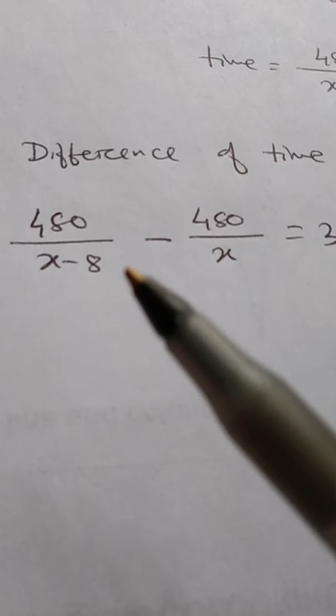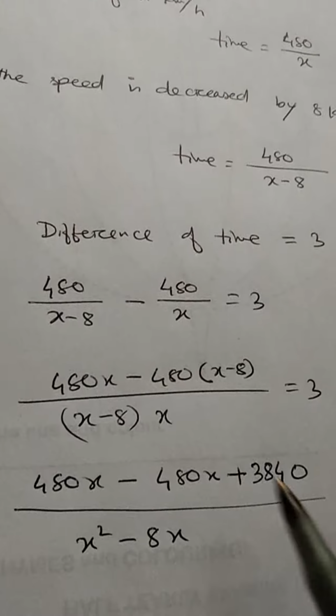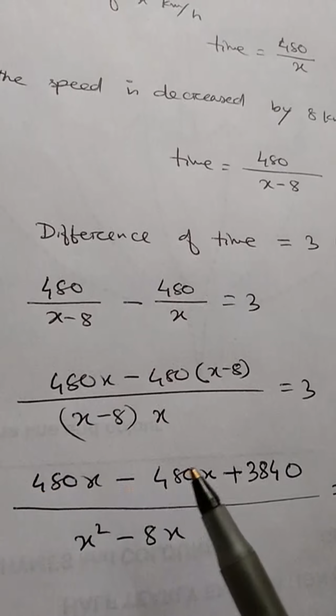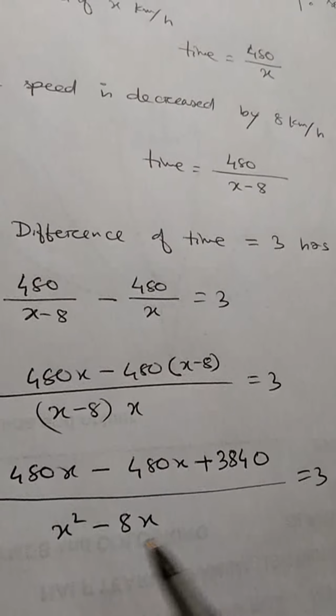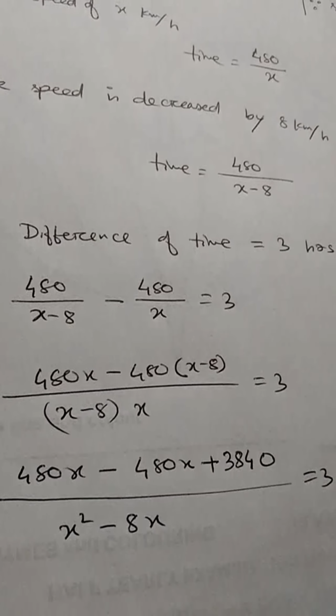Now you have to take LCM and simplify. Taking LCM and multiplying, we can get this much equals to 3, and now we'll cross multiply 3 with the denominator.